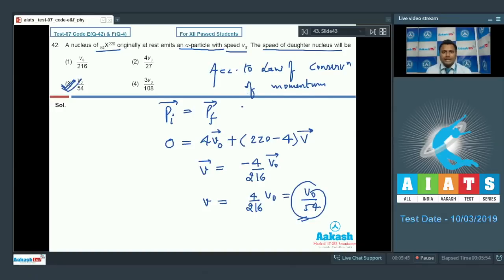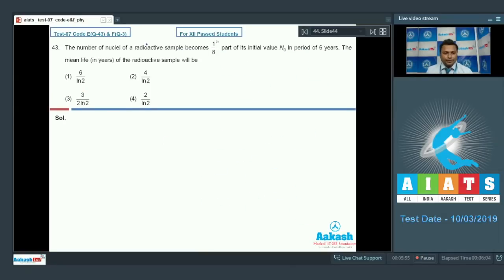Now let us proceed to the next question, that is question number 44. The number of nuclei of radioactive sample becomes 1/8 part of its initial value N0 in period of 6 years. The mean life in years of the radioactive sample will be what?